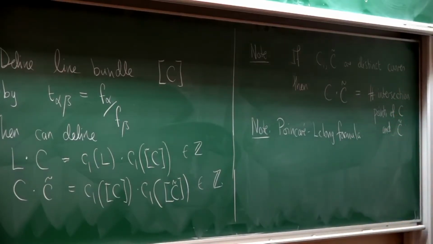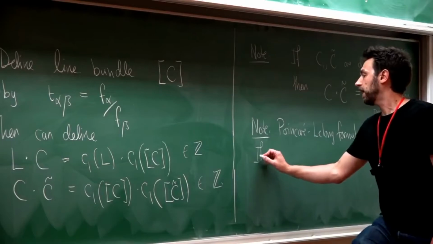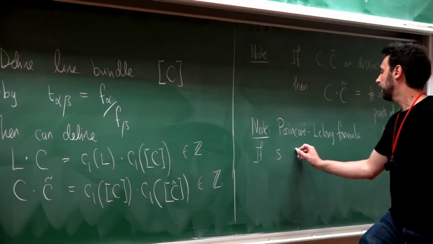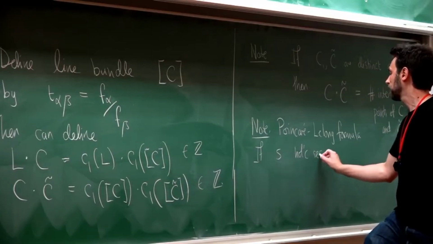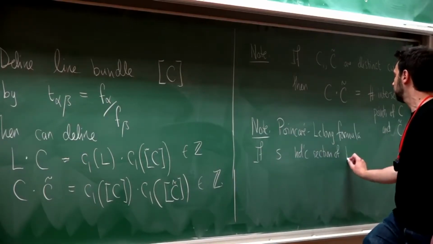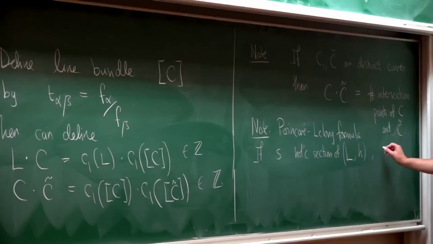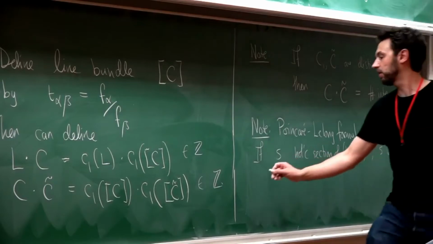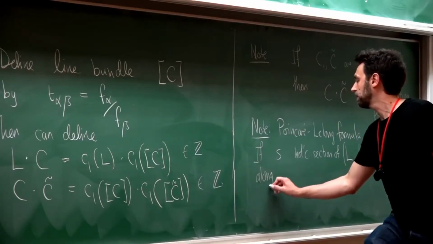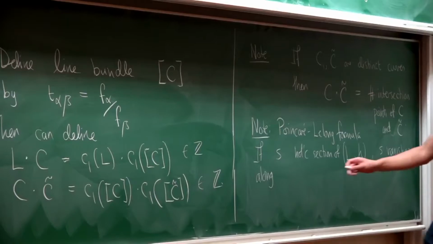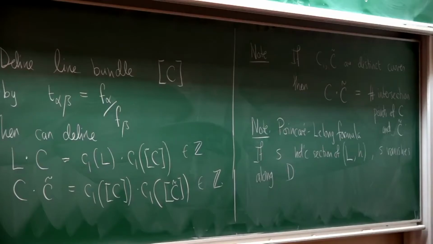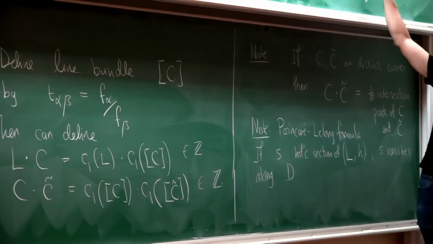What this says is that if S is a holomorphic section of a line bundle L, where L, let's say, has a Hermitian metric H, and S vanishes along, I don't know what I want to call it, C, I'm going to call it D, because D maybe has, when I talk about curves, I always want my curves to be irreducible.